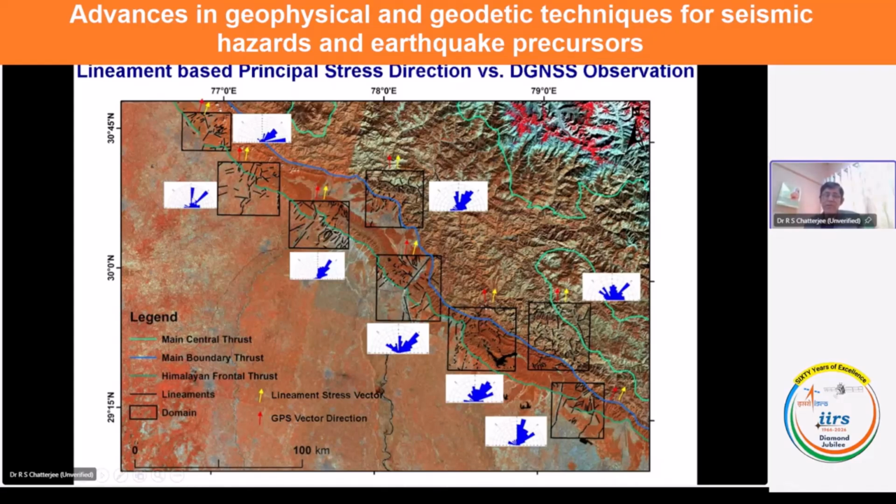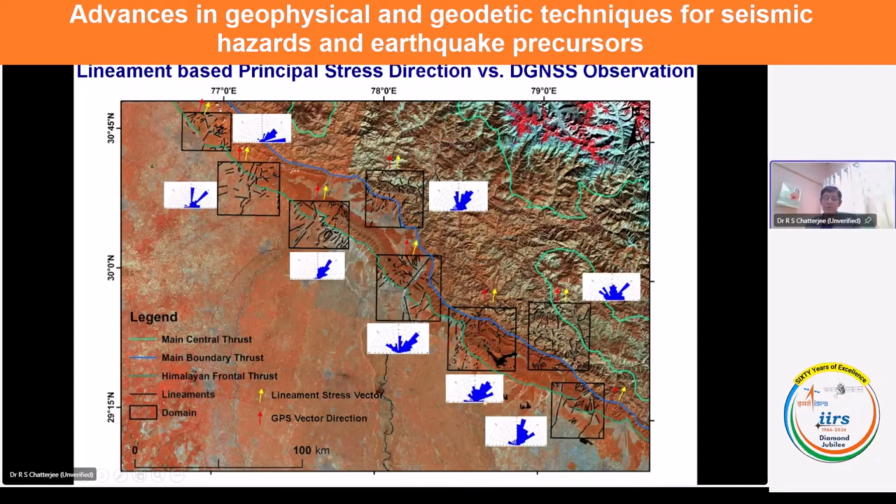And we see that all along this area, from south to north at different locations near the foreland, the boundary in and around the HFT, and towards the north, like the MCT, we have derived the principal stress direction from the lineament orientations.